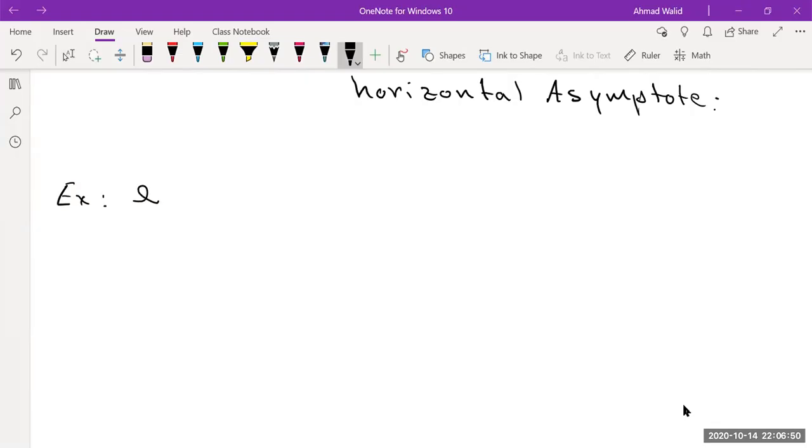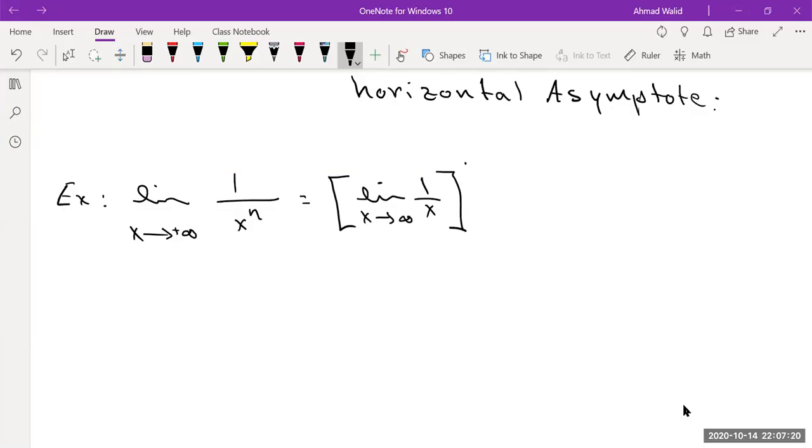For example, if I have the limit of 1 over x to the power of n as x approaches, let's say, positive infinity, what's happening? How do you find it? Can I rewrite this based on the rules of the limit as the limit of 1 over x as x approaches positive infinity, then all to the power of n?